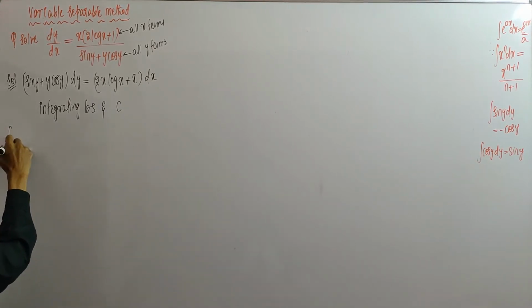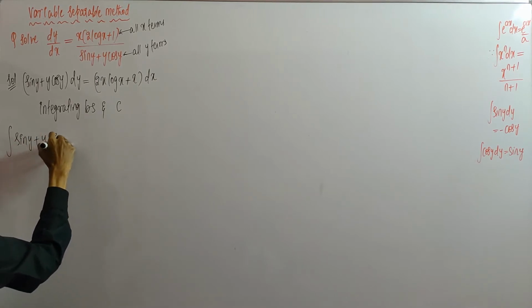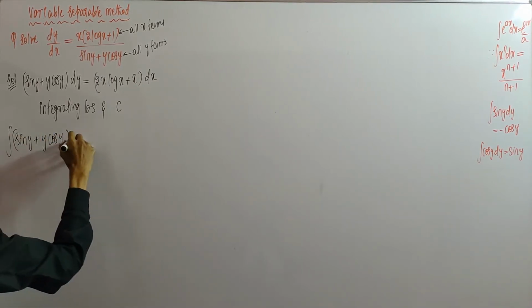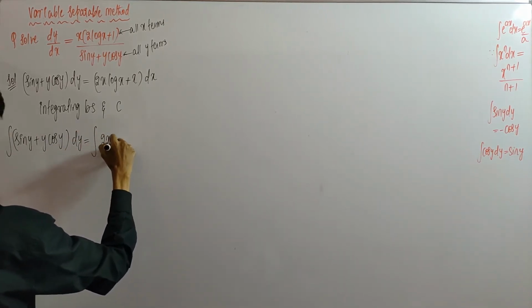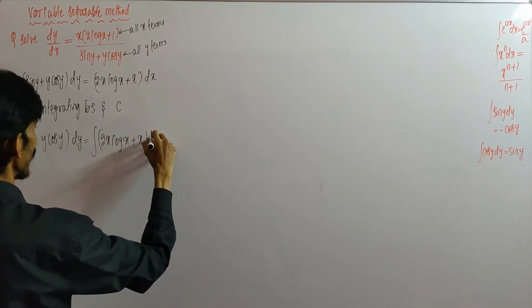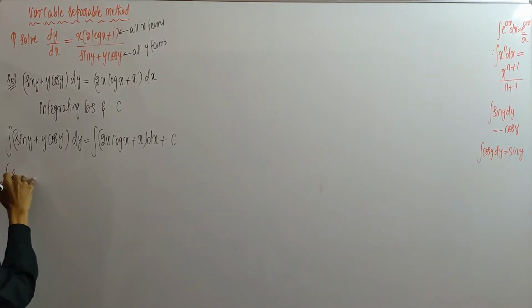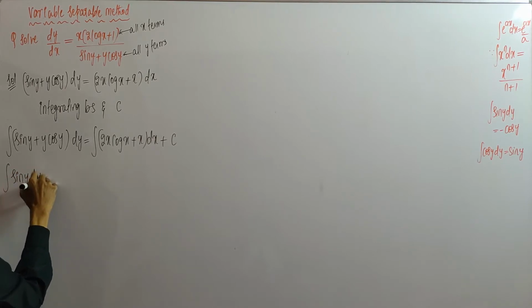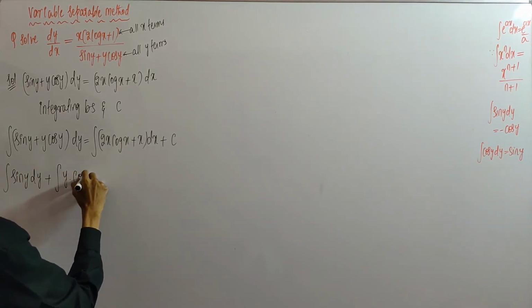So here I get integration of sin y plus y cos y dy is equal to integration of 2x log x plus x dx plus c. Now separate the integration. Here we have integration of sin y dy, integration of the first term, plus integration of the second term, y into cos y dy.